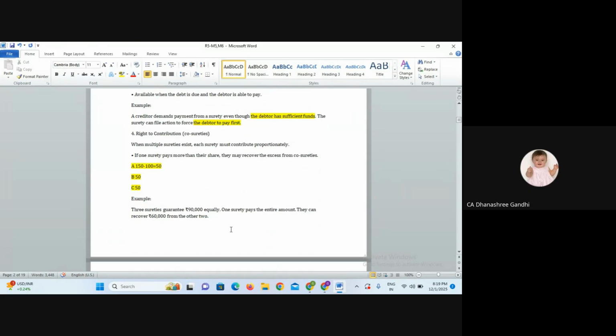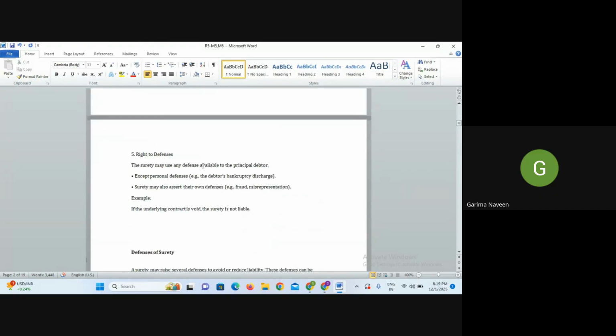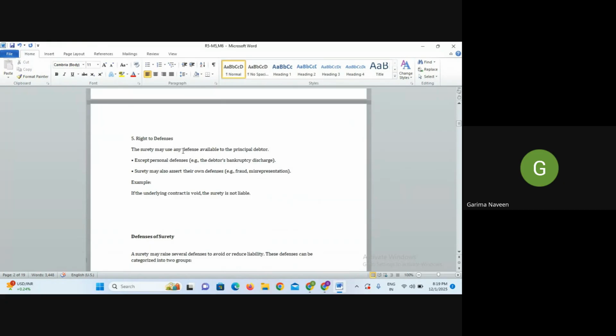Yes. No. Okay, so next is right to defenses. Right to defenses means the surety may use any defense available to a principal debtor, except personal defenses like the debtor's bankruptcy discharge. The surety may assert their own defenses like fraud, misrepresentation. Okay, so what are the various defenses that are available for a surety?